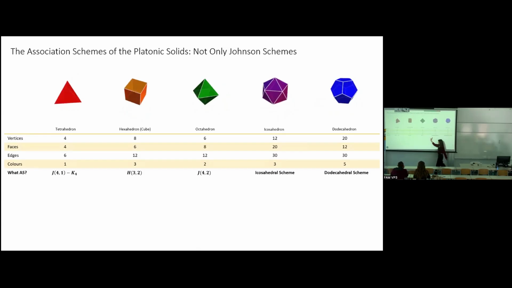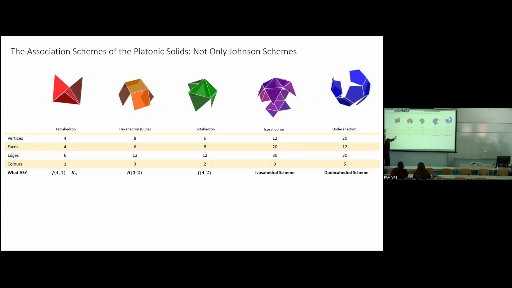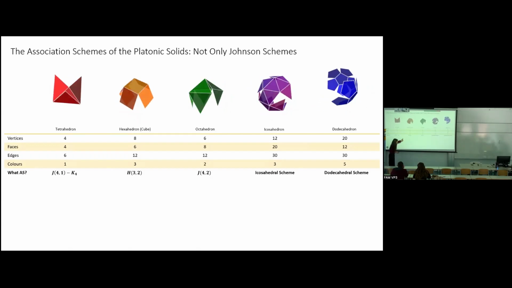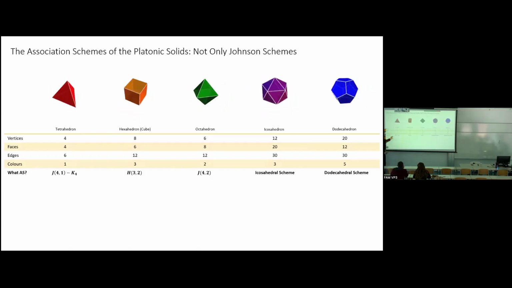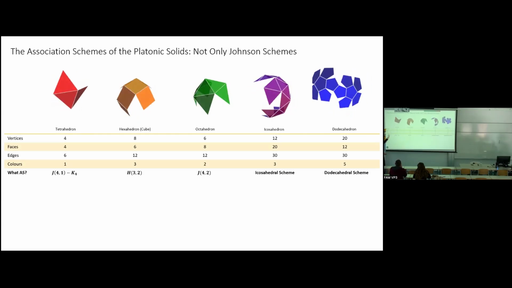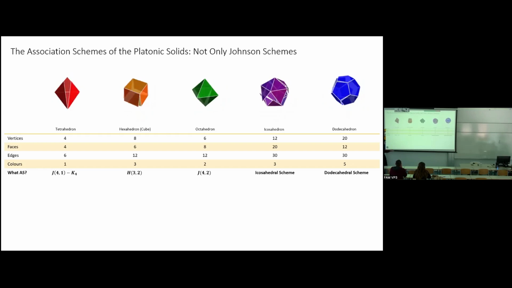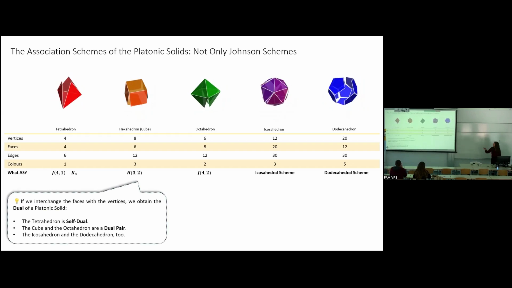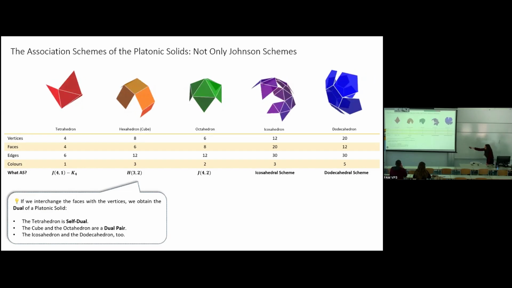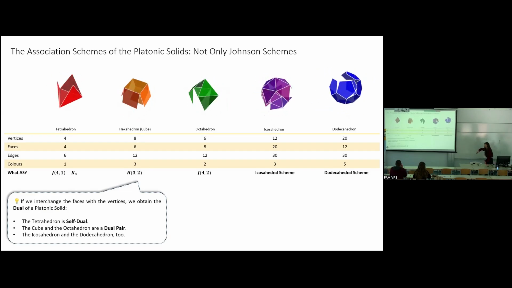And this last one just highlights the fact that most of the things I said are actually related to the Johnson scheme. Okay, let me say it better. There are facts that are known to you, I think. First of all, if you check the numbers, you can see that there is a kind of duality relation between some of them.